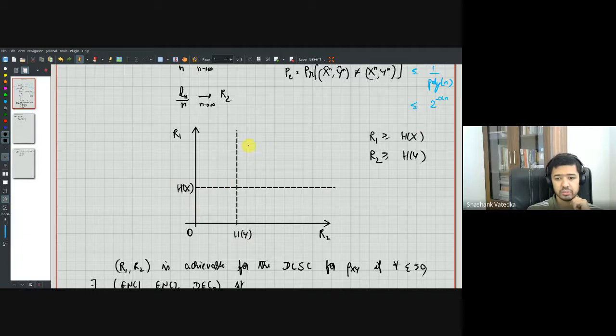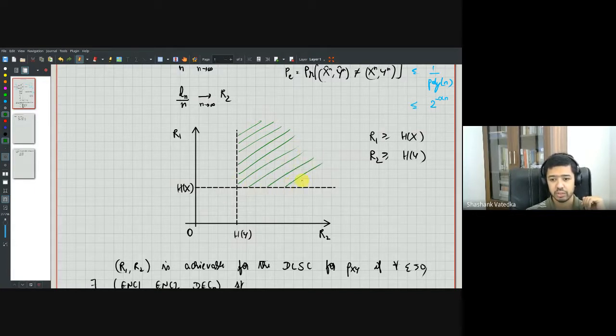Suppose that we decided to compress them separately, then we know that any region to the right of this is achievable. So for any R1, R2 lying in this region, it is possible to construct encoders and decoders.